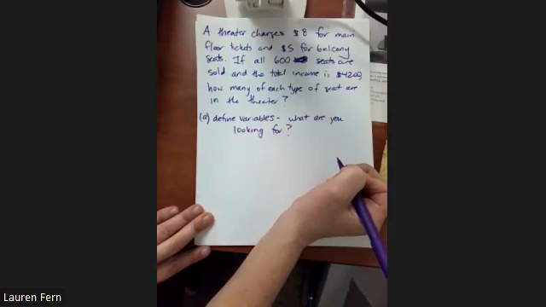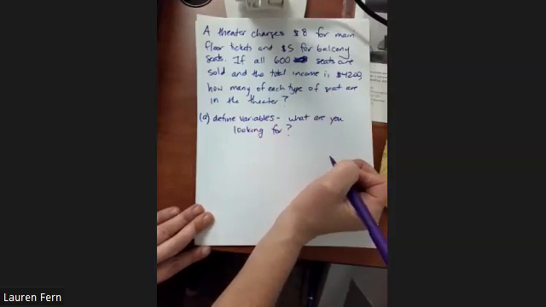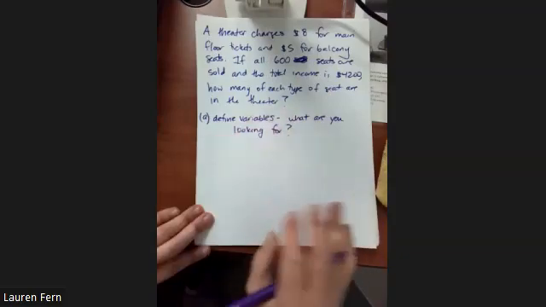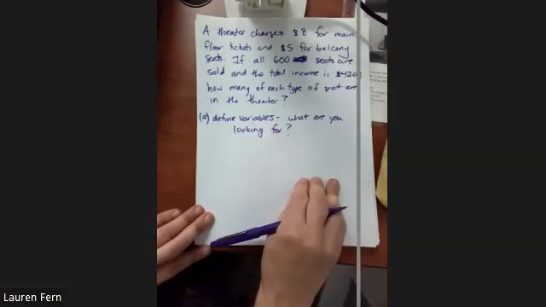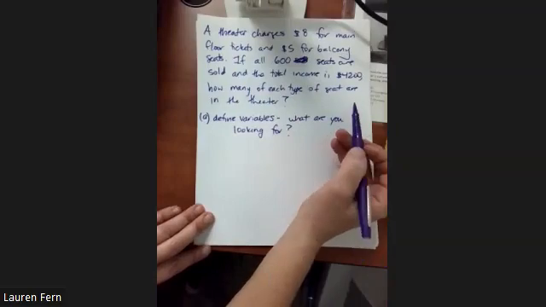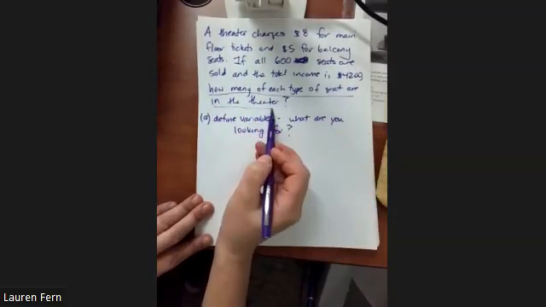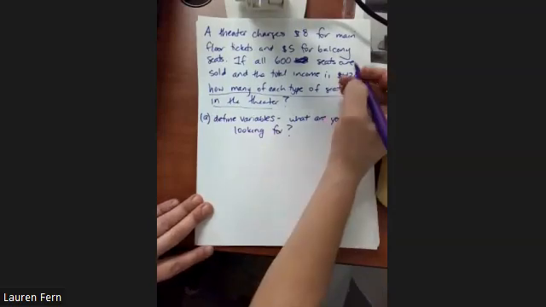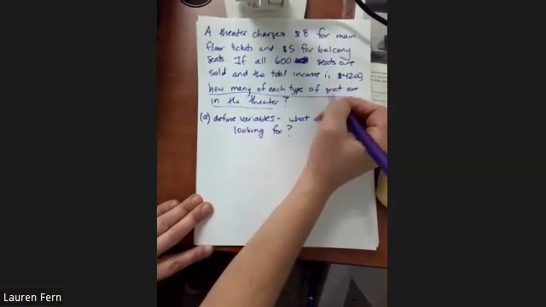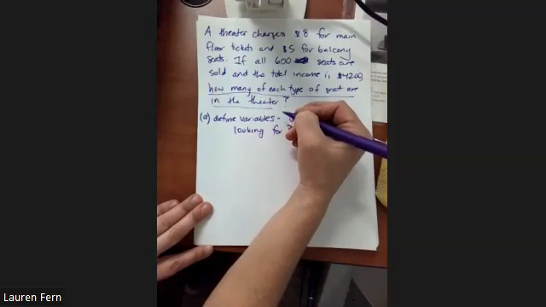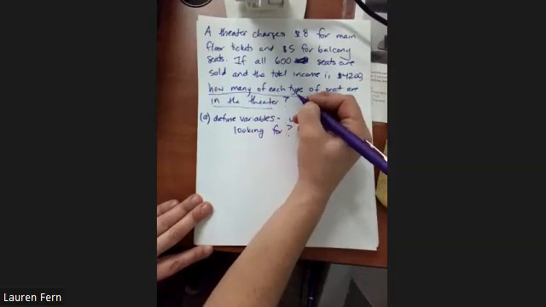The way you know that is to go to the question that is being asked. That is your mantra here. Here is the question: we want to know how many of each type of seat are in the theater. Literally, it's there in your question.